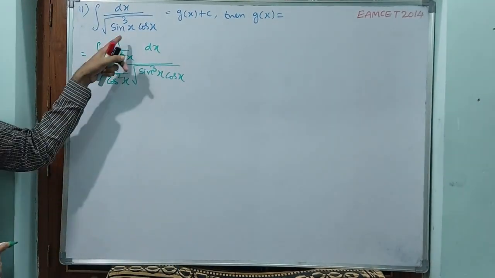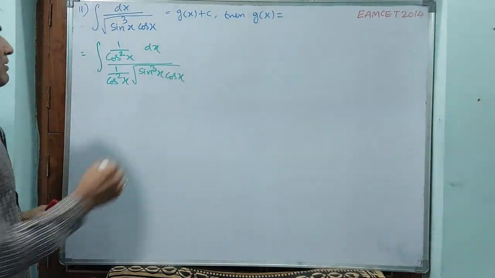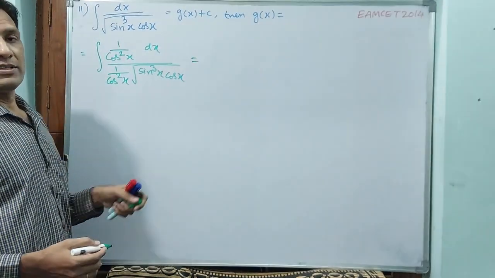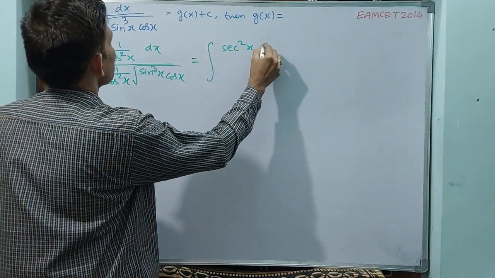Is it okay? Why? Because both numerator and denominator we are dividing by cos square x. There is no problem. But 1 by cos square x is going to become secant square x. Numerator is going to become secant square x dx.